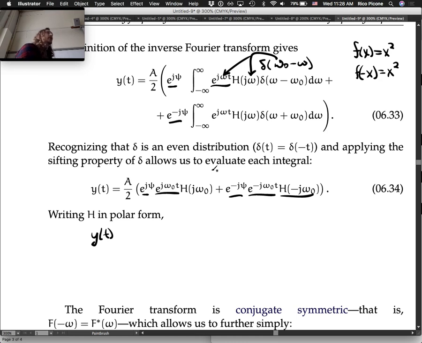Well, it's a complex function, but we're evaluating it at a specific frequency, omega naught.